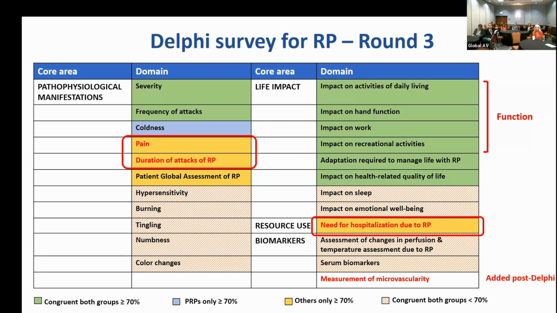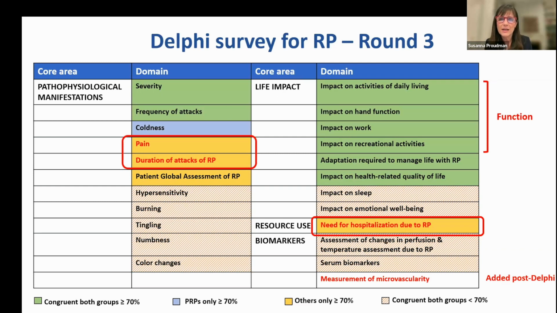Yeah. And just in response to the earlier question about the actual pathophysiological manifestations for Raynaud's, the only two that really made it through were severity and frequency of attacks. And severity in itself is a somewhat broad and nebulous concept. The patient global assessment itself didn't make it through. It's interesting that the PRPs themselves don't necessarily score that as highly as you might expect.